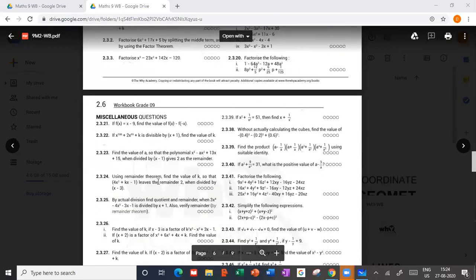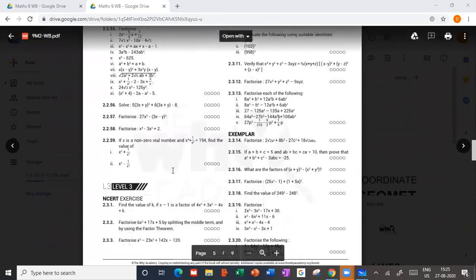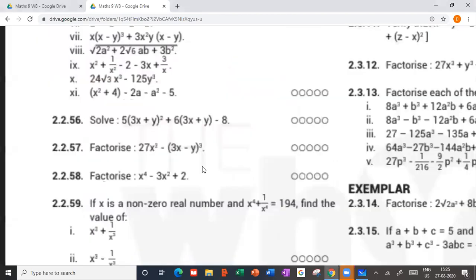2.3.11. Okay. Let's open the WP. Okay, 2.3.11.